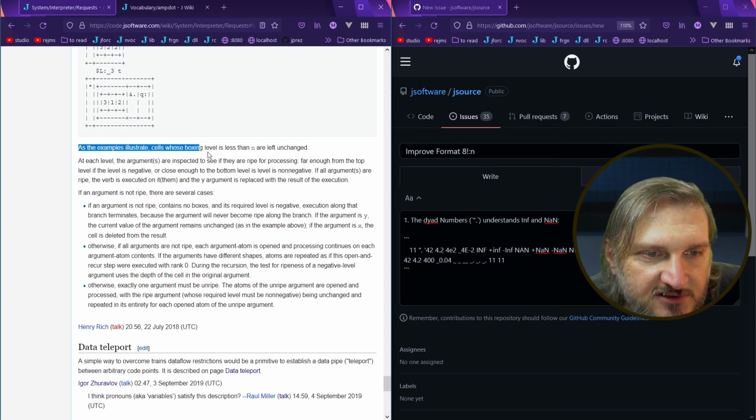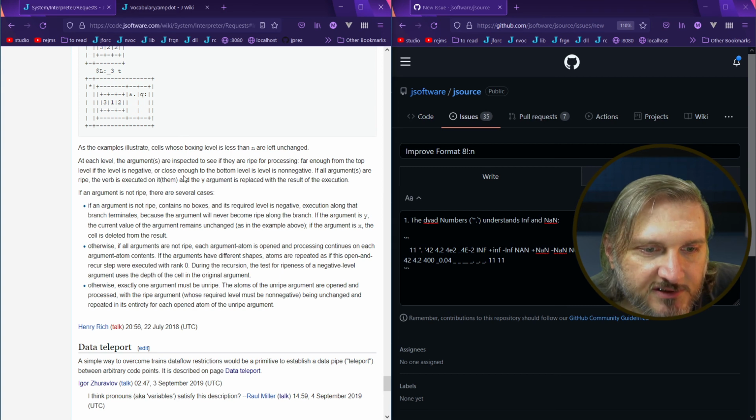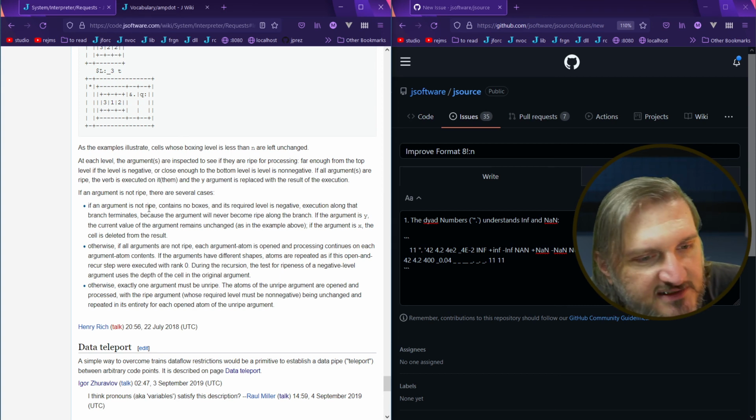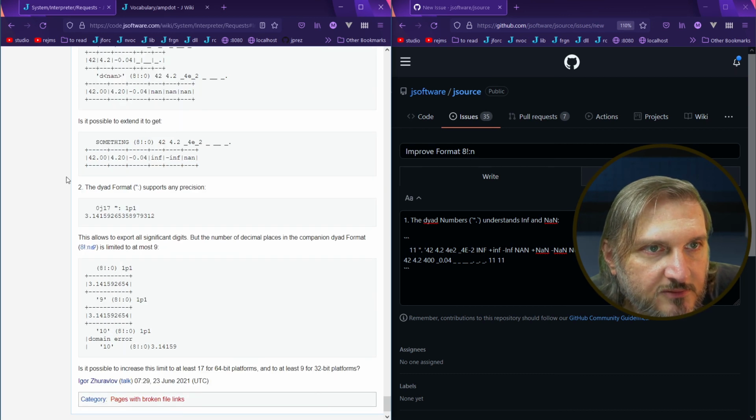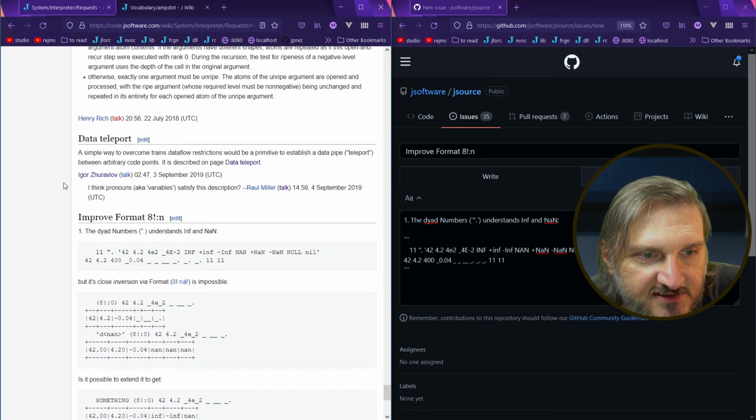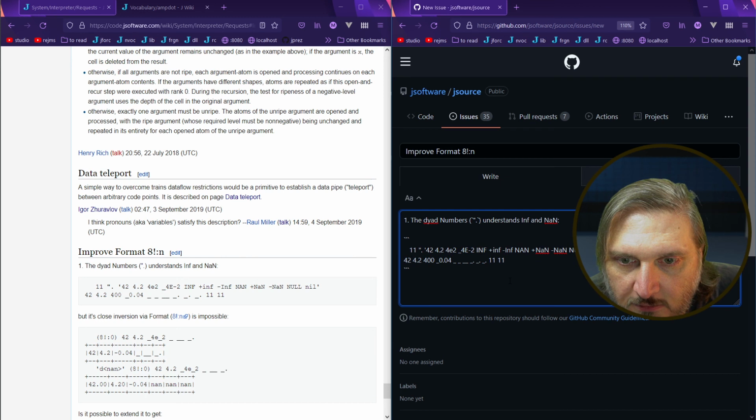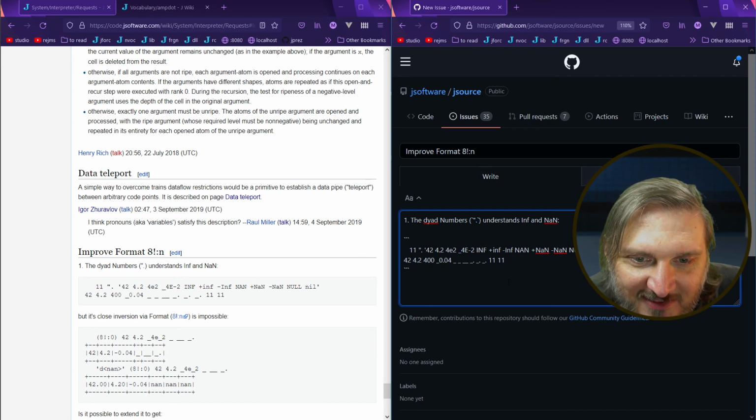So as the example illustrates, cells whose boxing level is less than n are left unchanged. Interesting. I guess I've never used that. I haven't messed with boxes that much. I guess I have, but I haven't messed with nested boxes that much.